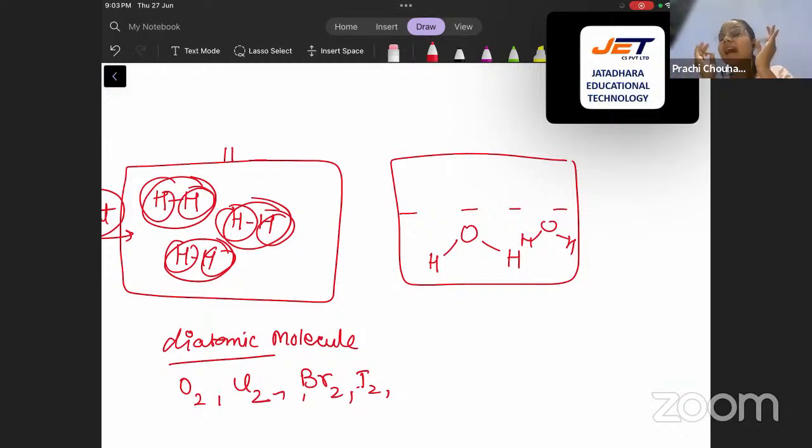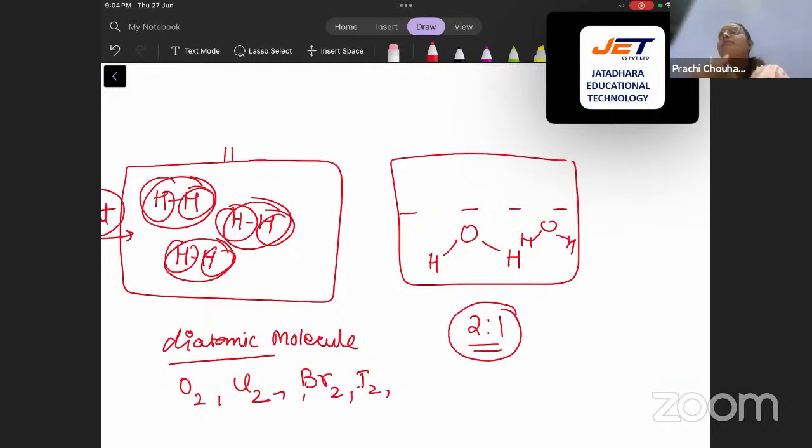That is, hydrogen has combined with oxygen in 2:1. Throughout this glass of water, I'll have the same kind of molecules, where two different elements, the condition being that the elements have to be different, have combined in a fixed ratio. And that's how I get the compound, which is water.